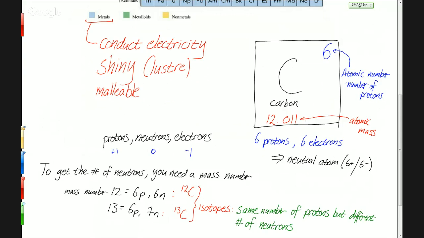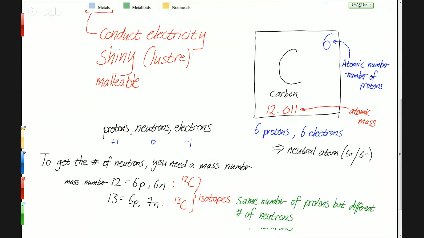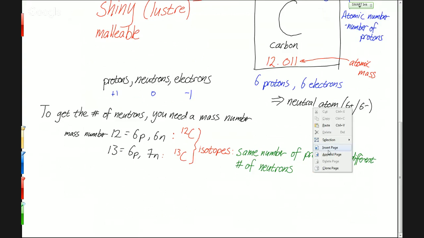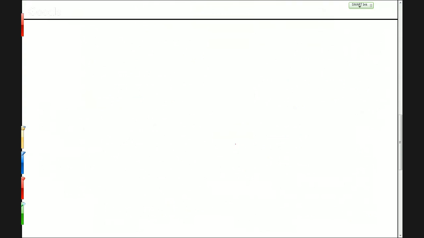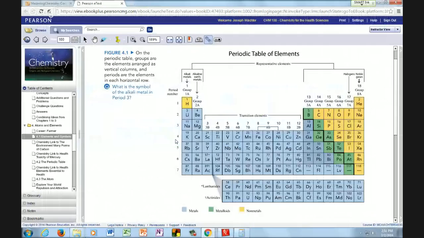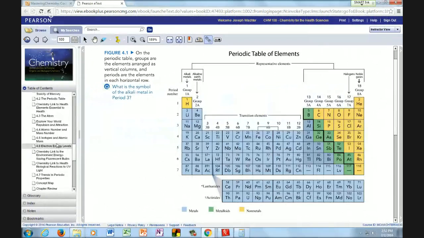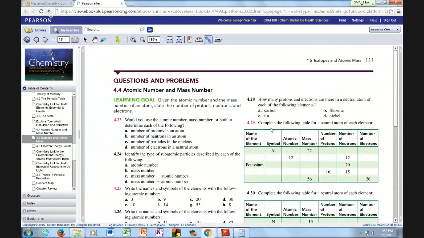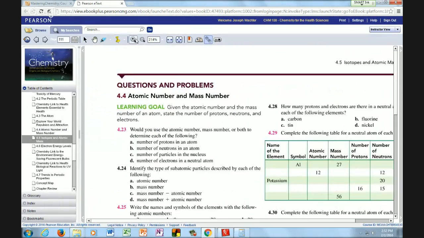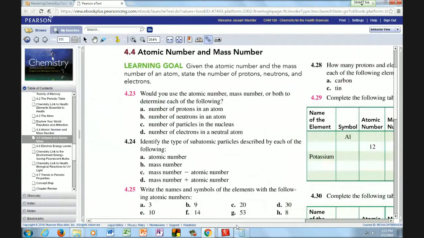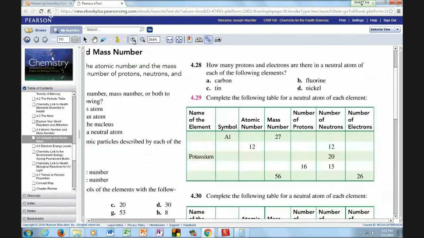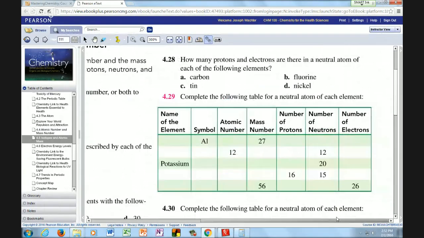All right, so let's practice this. We're going to take this table, which you're going to do something similar to in lab next week.